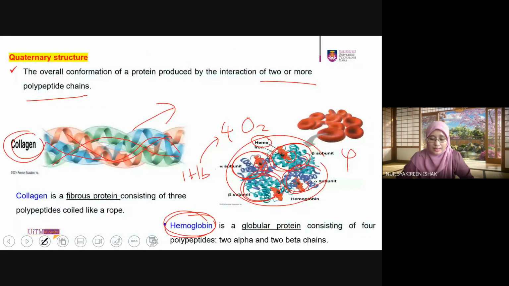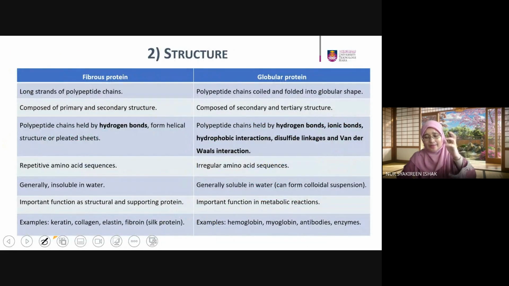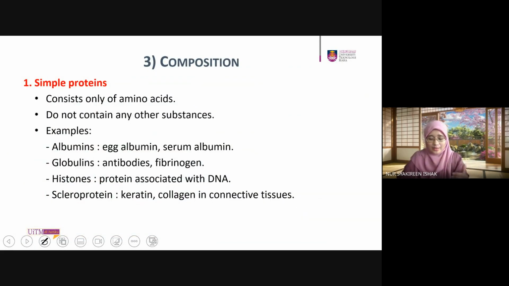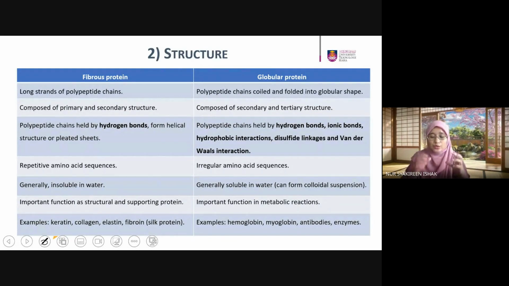Itu je lah kan. That is based on the level, and then kita tengok next is the structure. So you can classify protein based on its structure. So protein can be globular protein, it can be fibrous protein. Okay, so what's the difference? Globular protein are protein that fall into a globular shape.